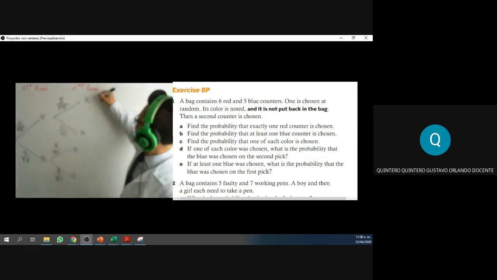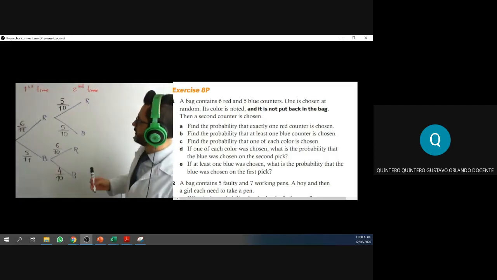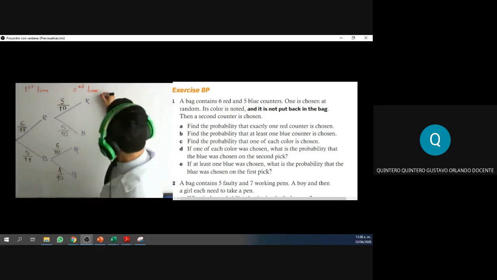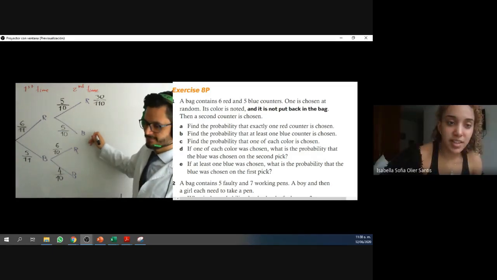Let's do these multiplications as fast as possible. This one, the probability of getting red and red will be 30 over 110, right? All I did was the multiplications. Help me with the second one, please. It's the same, right?